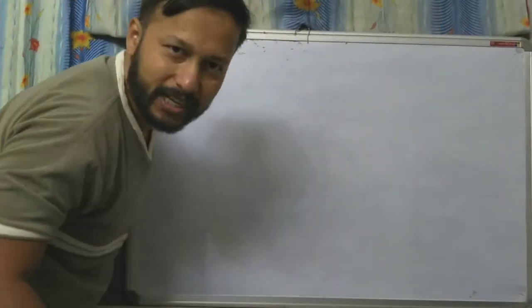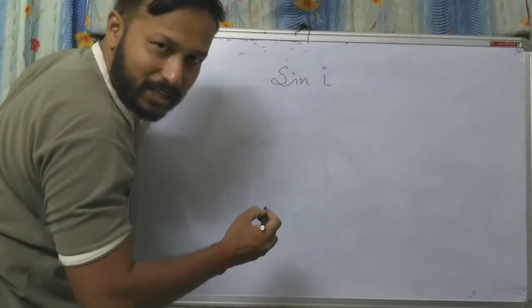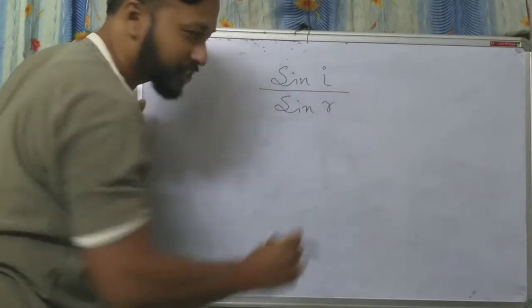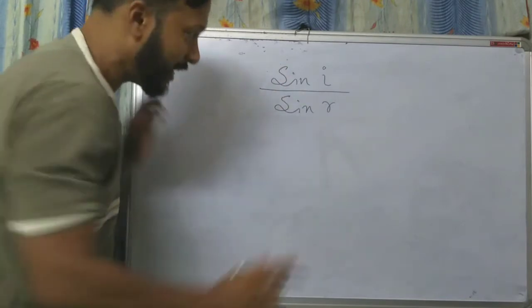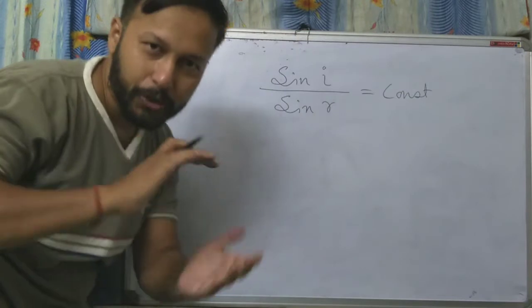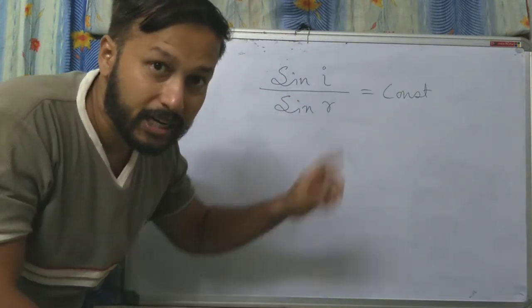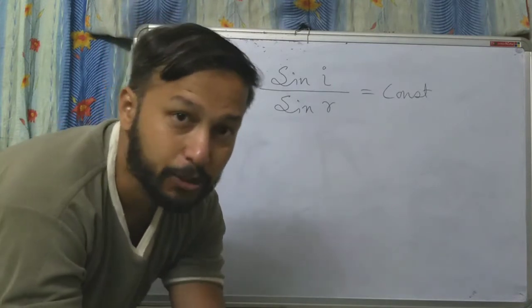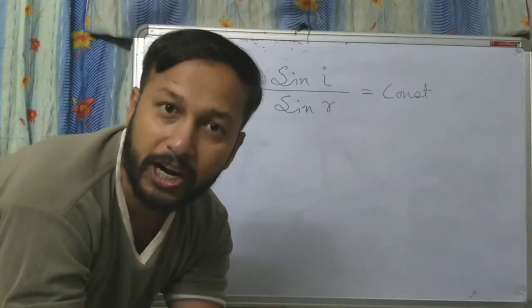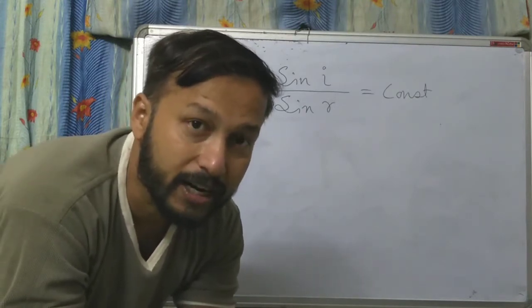As we have seen, the ratio of the sine of the angle of incidence to the sine of the angle of refraction is constant. That ratio is fixed. Now this constant has been given a special name, called refractive index.